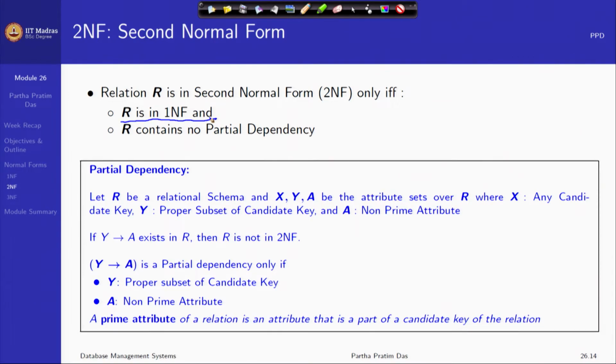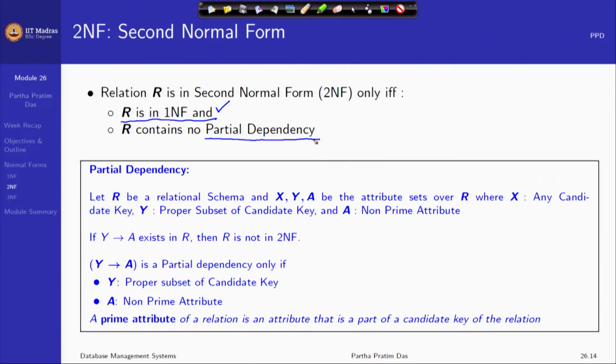So, any higher normal form by definition will satisfy the conditions of the normal form below it, and it will have some additional conditions. So, obviously, a second normal form relation will have to be in first normal form, the multi-valued issues resolved and so on. But in addition, it must not contain any partial dependency, right.